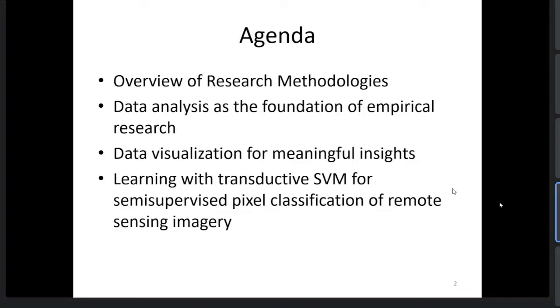And last, I shall present a paper which I have published in the ISPRS Journal of Photogrammetry and Remote Sensing. It is an LCVR paper, published in 2014, titled Learning with Transductive SVM for semi-supervised pixel classification of remote sensing imagery. It was very nice work. If you need this paper, I can share it with you.